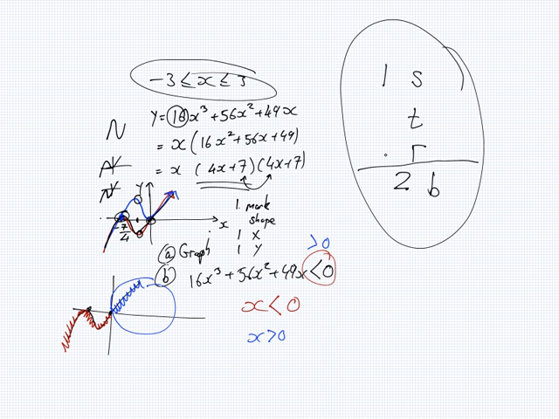About this one? I don't think the point matters. Oh, yeah, sorry, you're right. I shouldn't include minus 7 over 4 as well, because that is when it's 0. So I should also say x is not equal to minus 7 over 4.